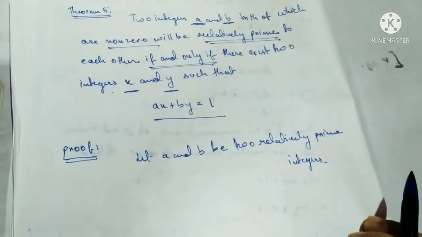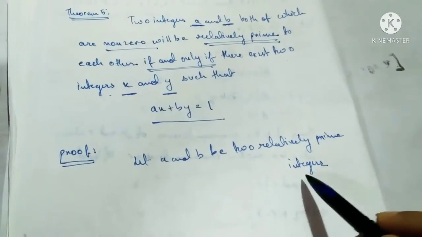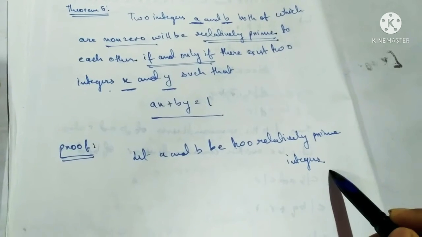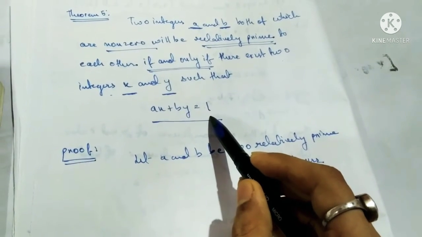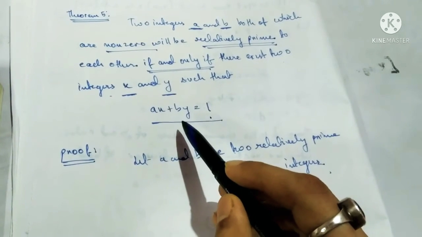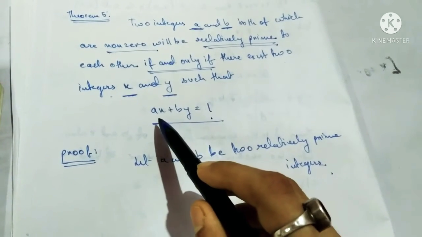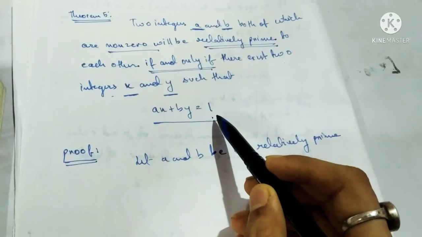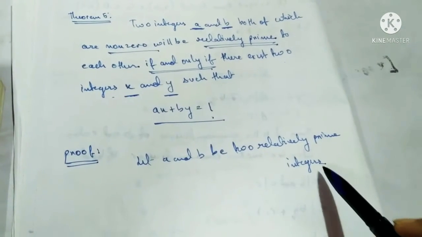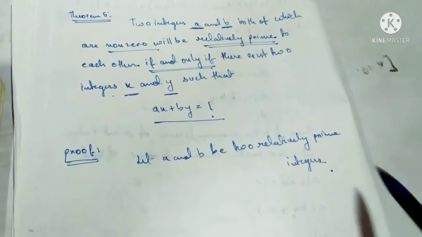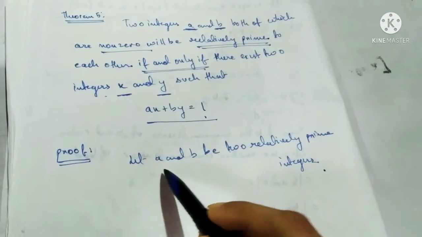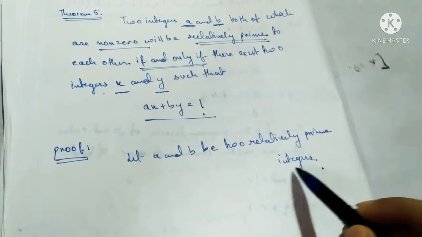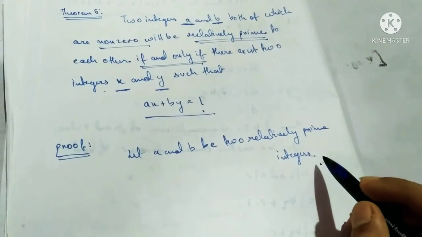First of all I will take a and b to be two relatively prime integers, and I will show that ax plus by is equal to 1. Then conversely I will take ax plus by equal to 1 and show that a and b are two relatively prime integers.